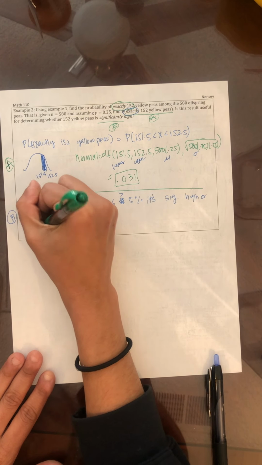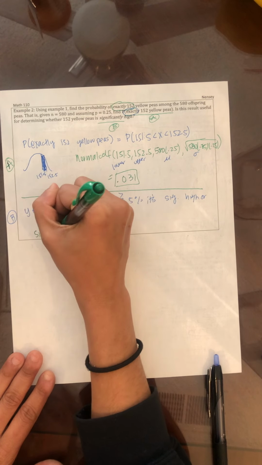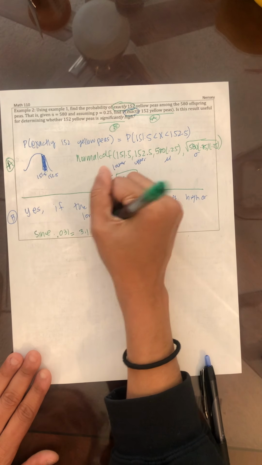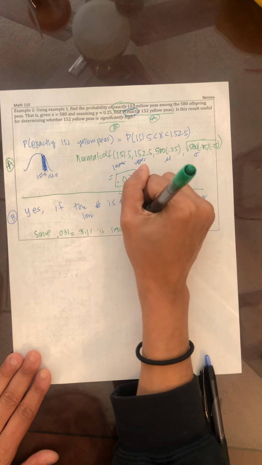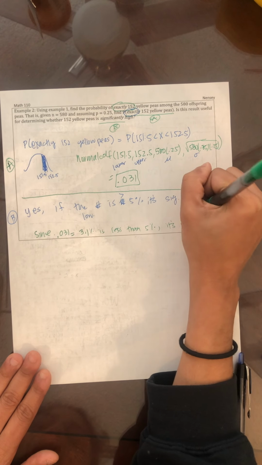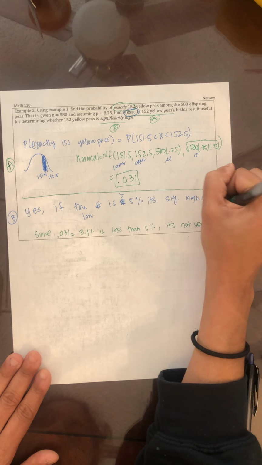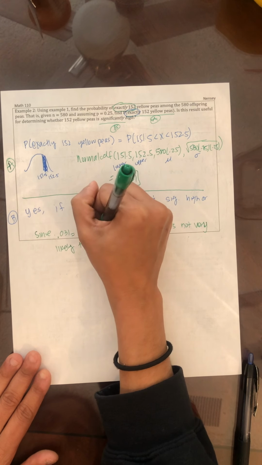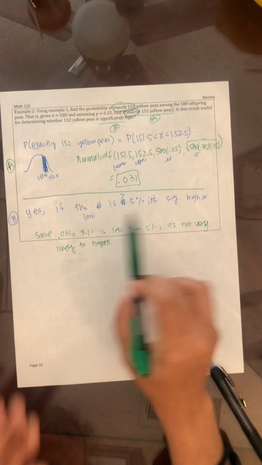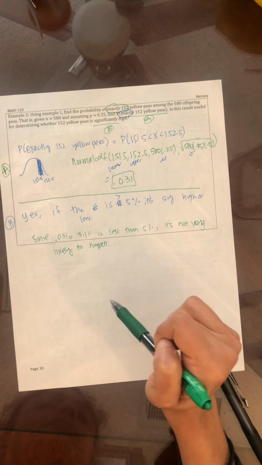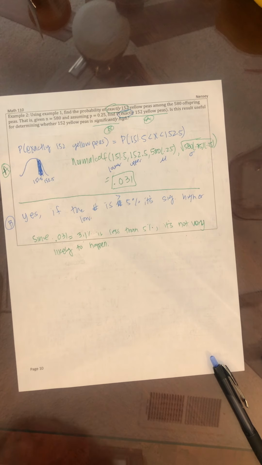So I'm going to say since 0.031, which if you convert this to a percentage is 3.1%, is less than 5%, it's not very likely to happen. Think about it. You have a 3.1% chance of it happening. Is it likely to happen? No. And so it's not significantly high or significantly low.